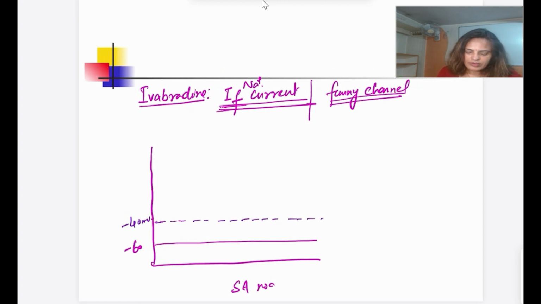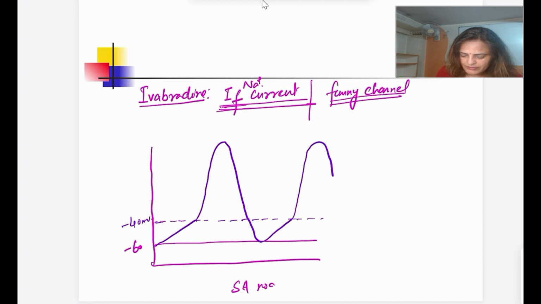Now the resting membrane potential of the SA node, so I'll just explain it. So it is not fixed.